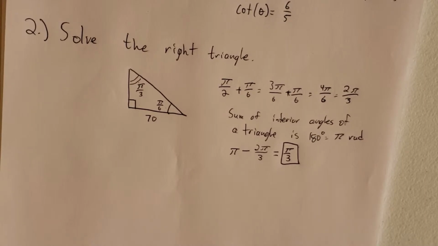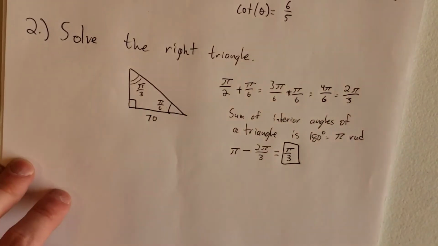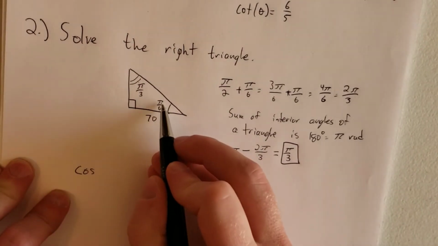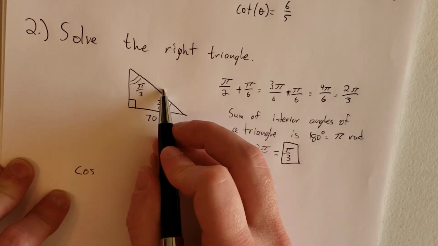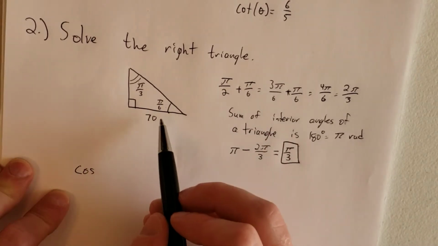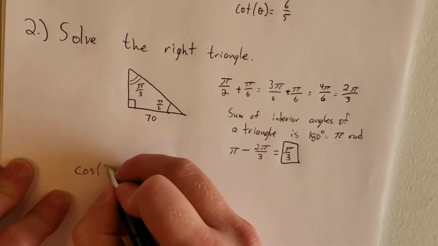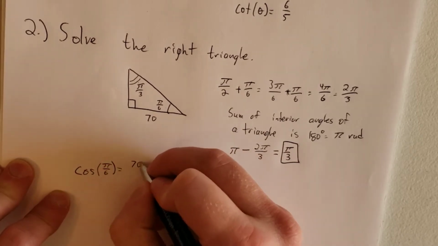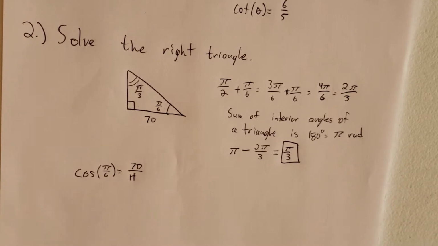What's left is to determine these two sides. Let's start with the hypotenuse first. We can notice that if we deal with this angle pi over 6 and the adjacent side and the hypotenuse, then if we're going to use adjacent over hypotenuse, we want to use cosine. So cosine of pi over 6 is equal to adjacent, which is 70, over the hypotenuse, which I'll label with an h.